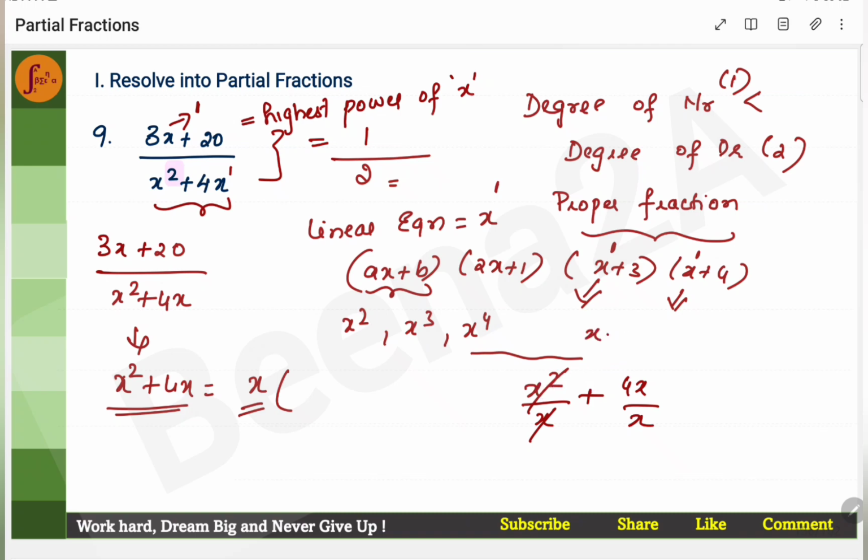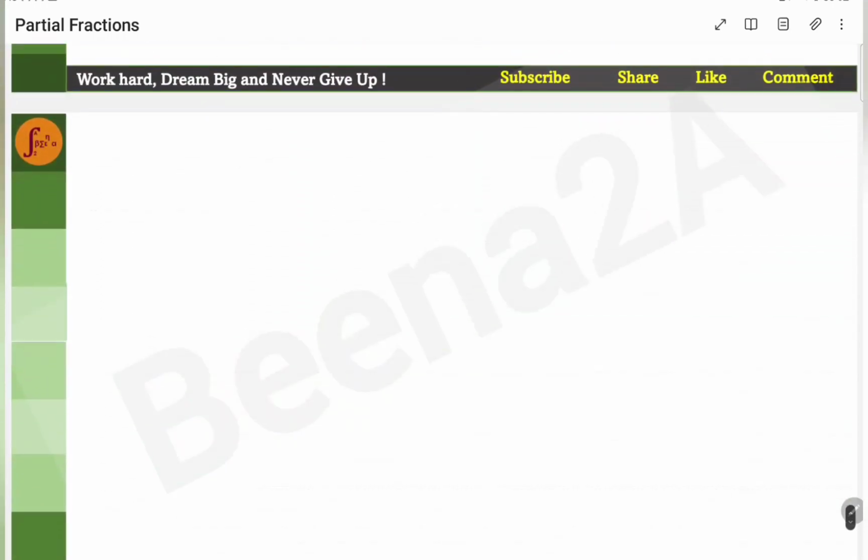X square is x into x. If I divide by x, x and x will get cancelled. So I'll be left with x, right? And now when I divide 4x by x, x and x will get cancelled. I'll be left with 4. Right? This is what is called as common factor. So now I've got it in linear equation form. The power of x is only 1. So what I will do is, I'll write this as 3x plus 20 over x into x plus 4.